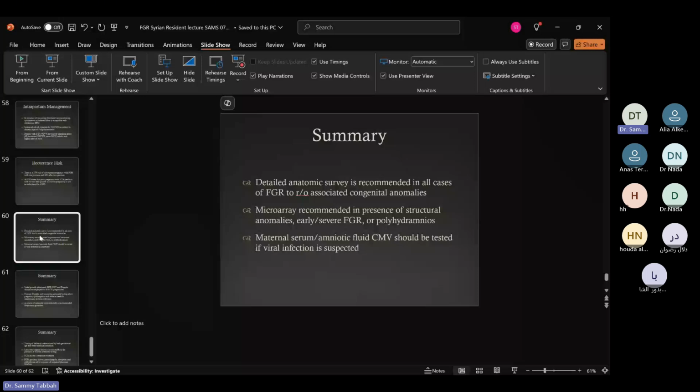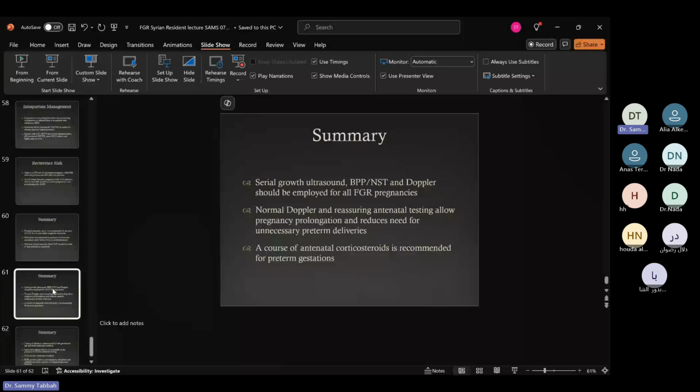It's always important to think about infection and what common infections are in the region that might be associated with growth restriction. Anybody who has growth restriction, it's important that they're followed by ultrasound Doppler studies at the very least. And that helps you to determine need for hospitalization, timing of delivery, and timing and need of steroid administration.